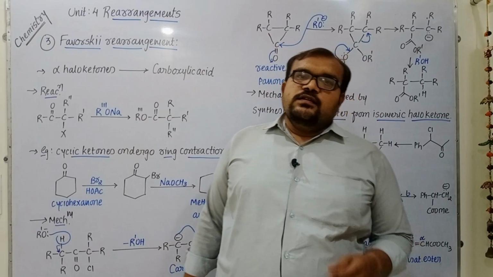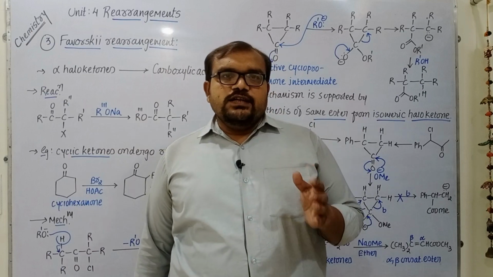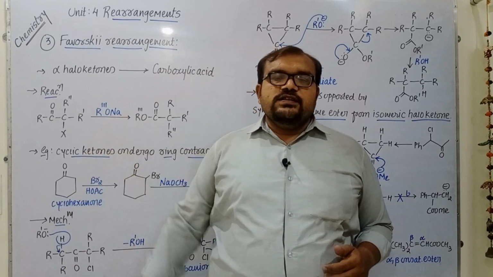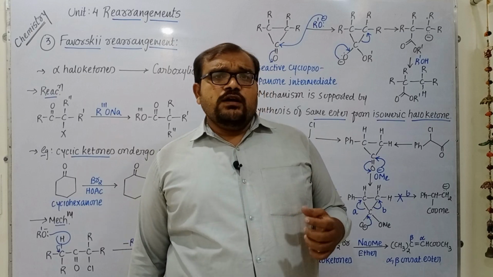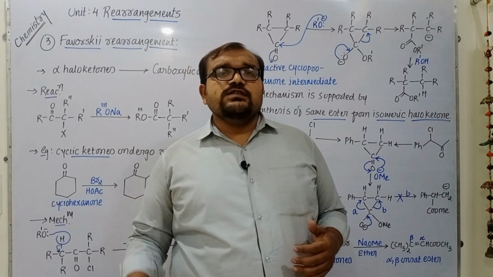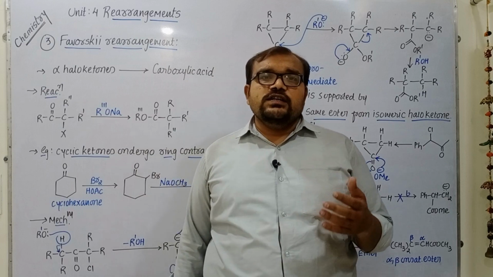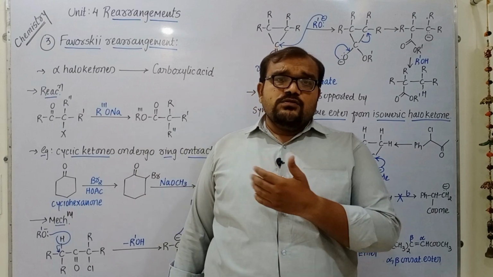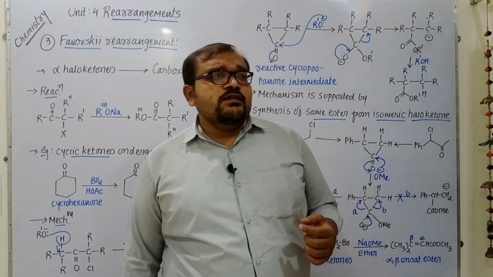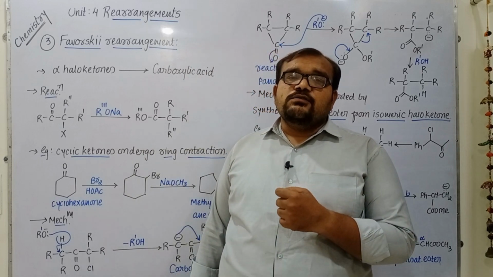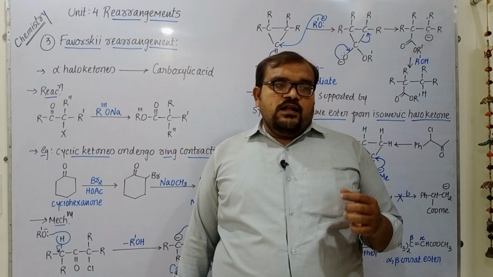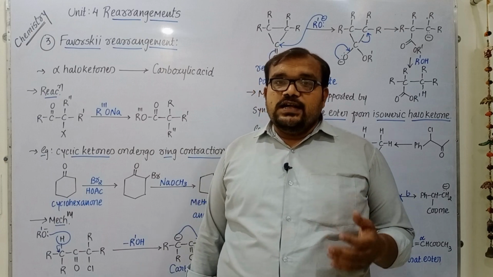So friends, the next important rearrangement is the Favorskii rearrangement. As we can see on the board, which type of conversion is basically carried out in the Favorskii rearrangement? As we can see, an alpha haloketone will be converted into an acid, or we can say an ester.